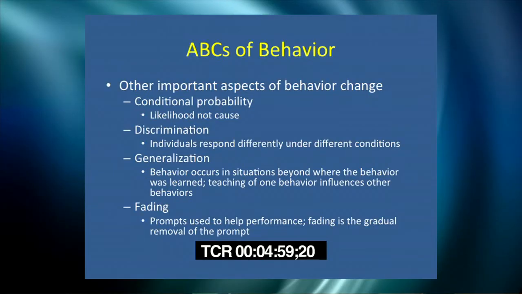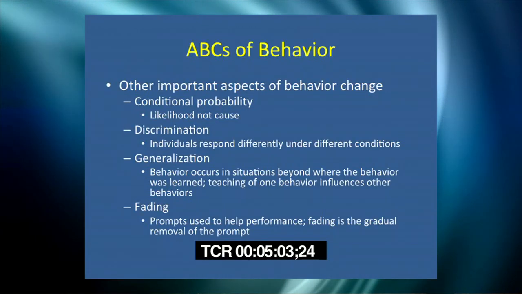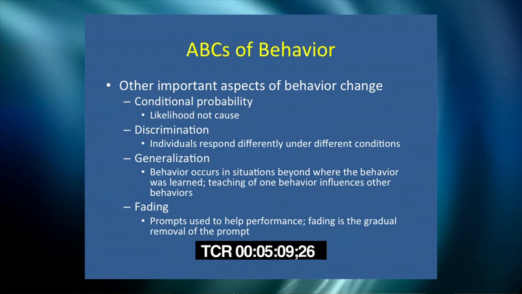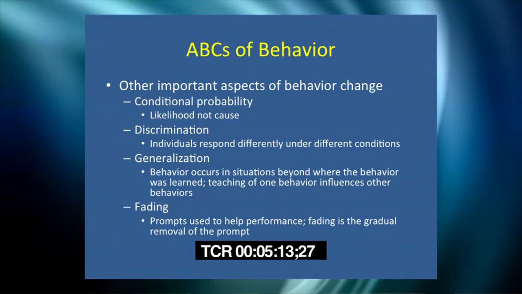And then finally, we were talking earlier about how prompting is an antecedent, or cueing the elicitation of the behavior that we want. Fading is when we start to remove those prompts that helped cue the performance and see if the behavior or performance maintains.